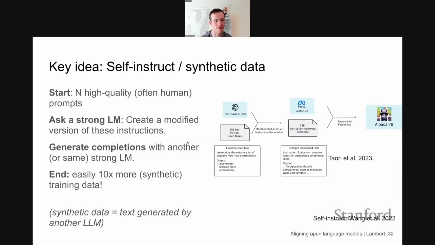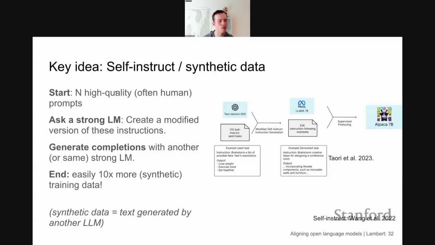So this is where the idea of self-instruct data comes in. Self-instruct was a paper from Allen AI and UW in 2022, before ChatGPT, where essentially the idea is how do we expand on the distribution of instruction data that we have, this training data for fine-tuning a language model, without getting more humans in the loop. So what you really have to do is you start with some high quality, often human prompts.